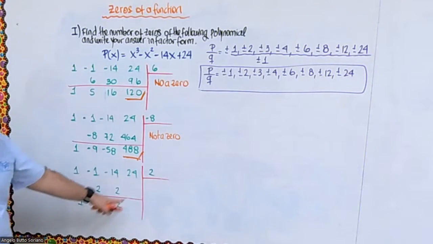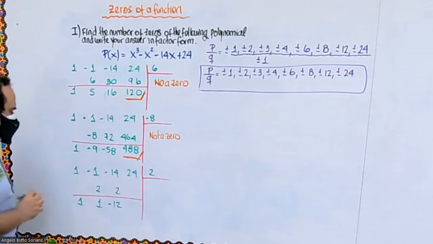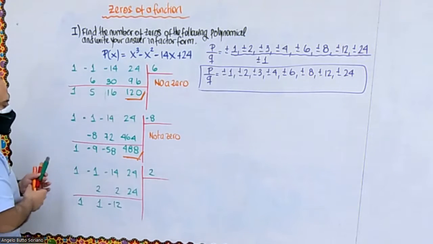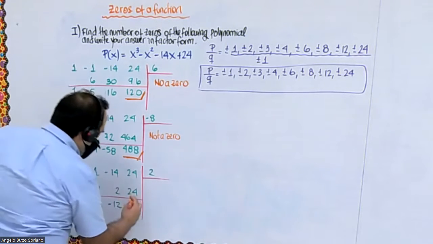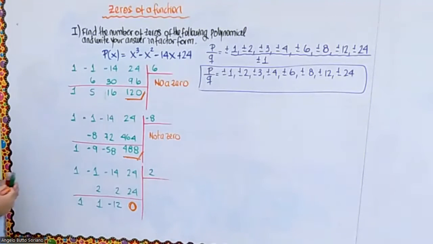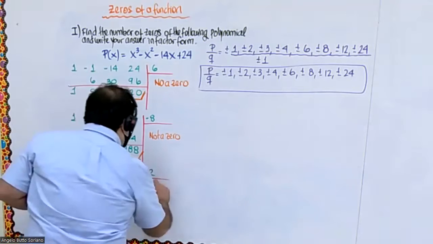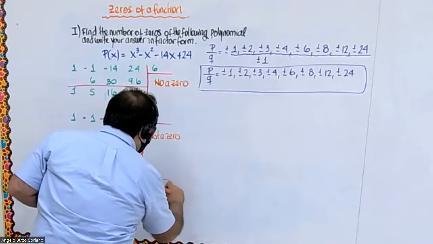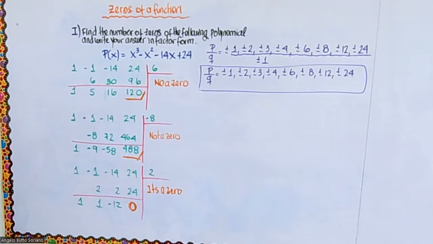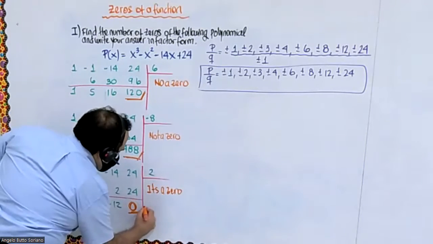And negative 12 times 2 is negative 24, so the remainder is 0. We finally found the first 0.